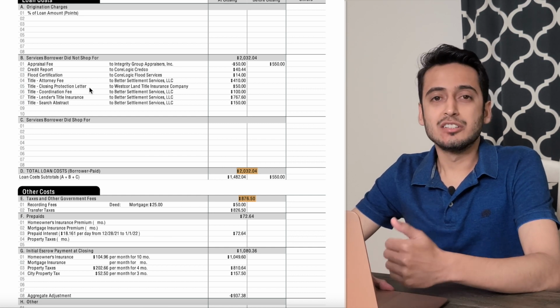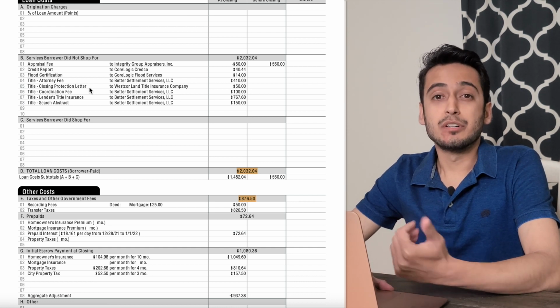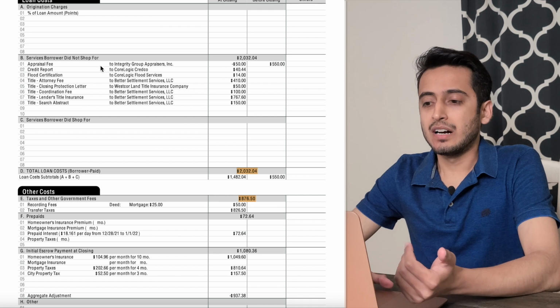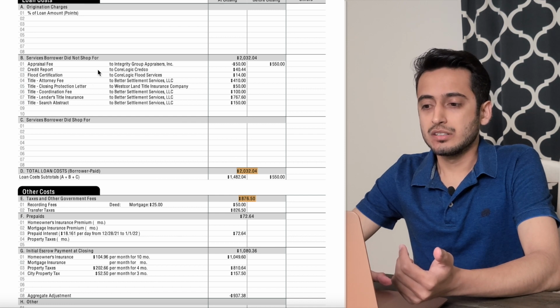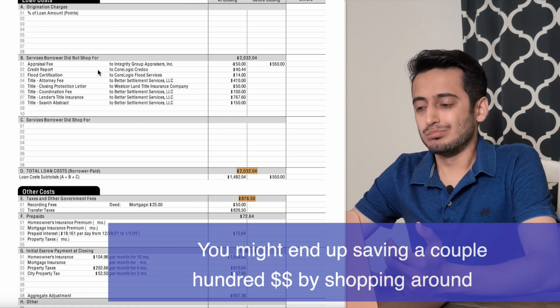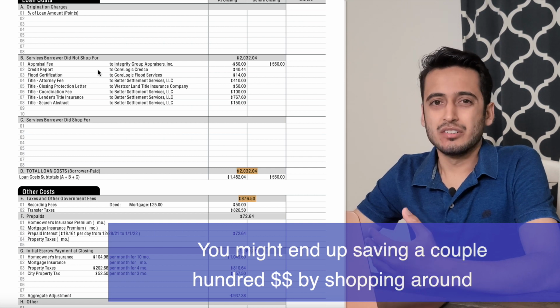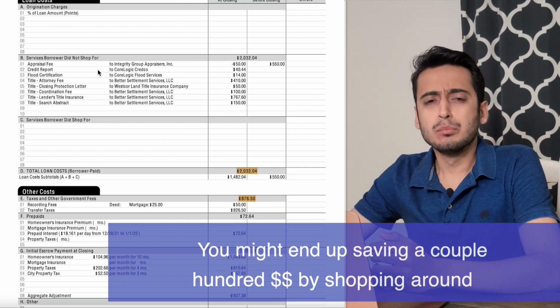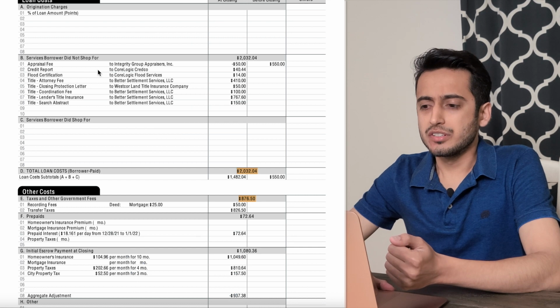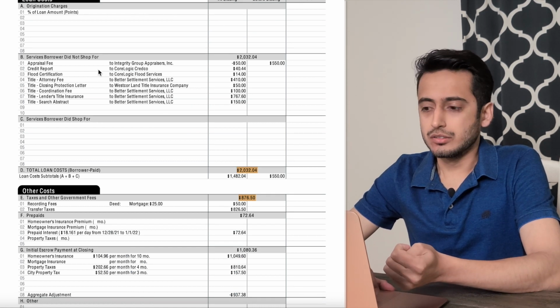Sometimes these third parties are an extension of the lender, or the lender prefers to work with these third parties. I did not shop for these services, but you can save a few $100s by shopping for these services. Personally, I do not shop for these services because the market is competitive and you will end up saving $100 or maximum $200. But if you still want to shop around, you can shop around for these services and save some money. Usually it was not worth my time, so I did not do that myself.